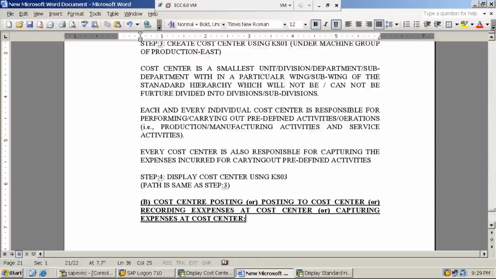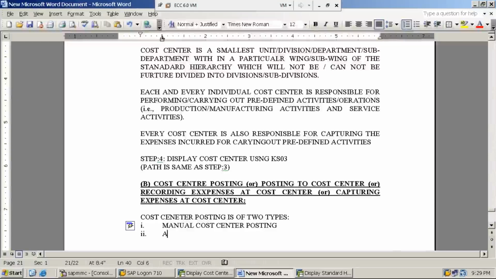Right. So under this, cost center posting is of two types. Number one, manual cost center posting. Number two, automatic cost center posting.